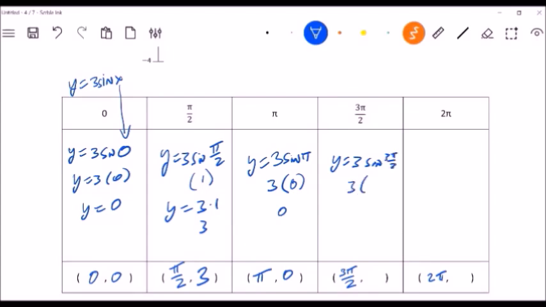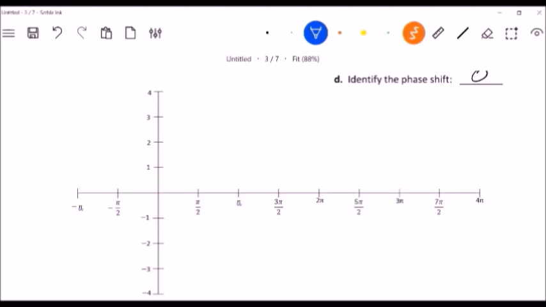Well, at 3 pi over 2, the sine is -1, so we get a -3 here. And then at 2 pi, it's the same as 0, so we have 0. Now let's graph these. We have 0, 0, pi over 2 and 3, pi and 0, 3 pi over 2 and -3, and then here. So we have a bigger curve.